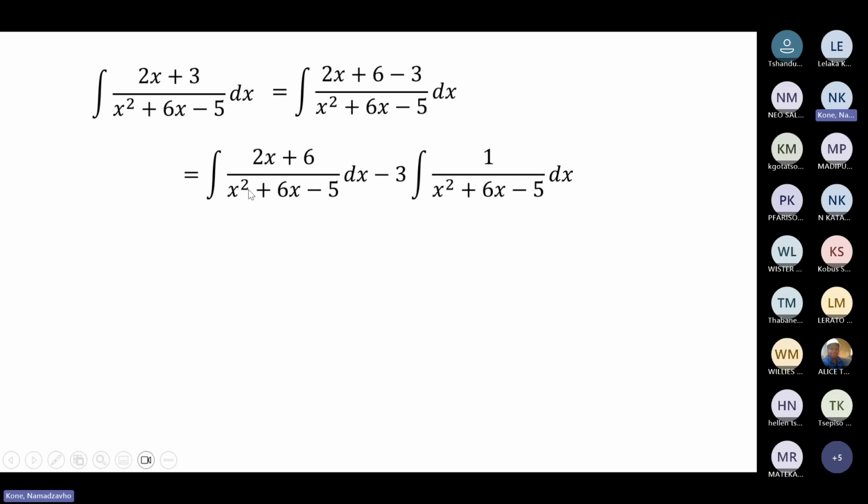So for now, forget about this one. Just leave it until we apply that rule. Now we come to this one. As I have said at the beginning, if this denominator can be factorized completely, then we can use what we call partial fractions.